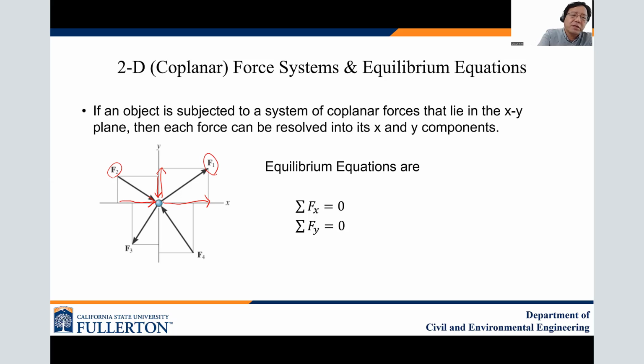And then you can do the same thing for F3 and F4. With this, equilibrium can be obtained if sigma Fx equals 0 and sigma Fy equals 0. These equations are called equilibrium equations.